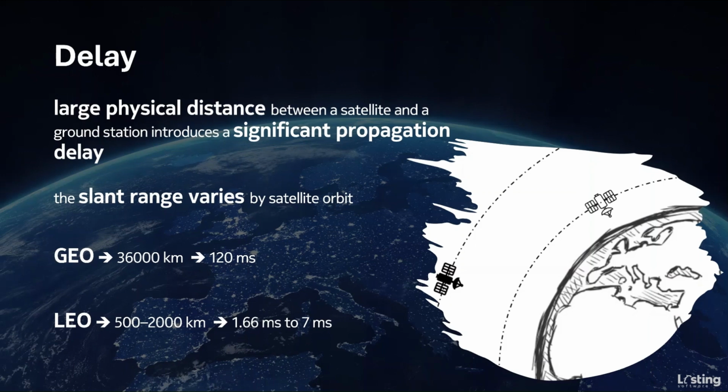In the case of geosatellites, the satellite remains in a fixed position relative to the Earth's surface, so delay can be treated as constant. In contrast, for LEO or MEO satellites, the delay is time-varying due to the satellite's movement relative to the observer on the ground.